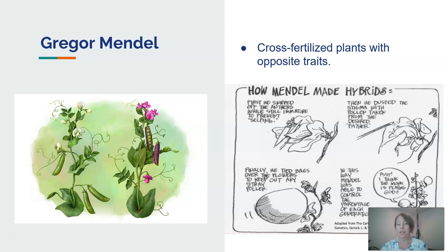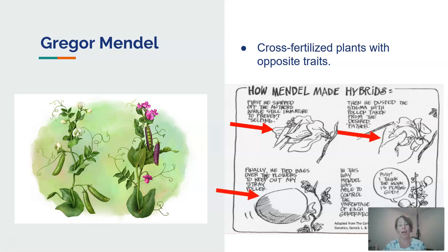And so what he did was he actually fertilized specific plants. So he would go in and cut off the anthers of the plant so that fertilization couldn't happen unless he actually performed it. And so then he would dust the stigma of the plant with pollen taken from a specific father plant.